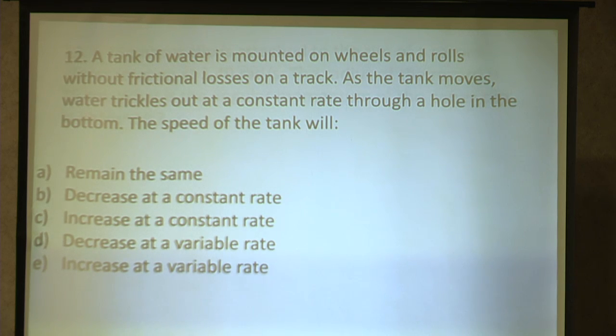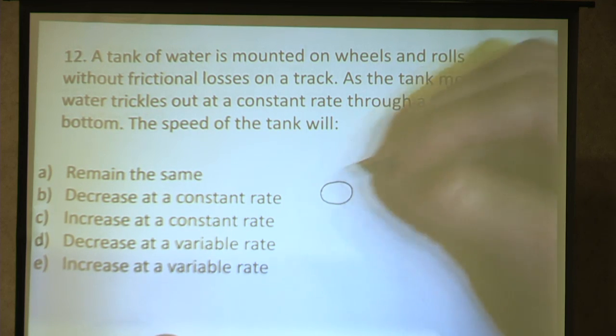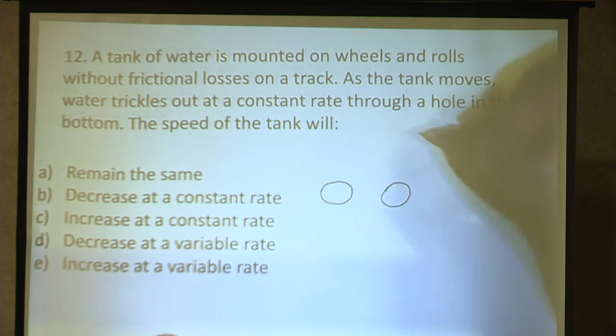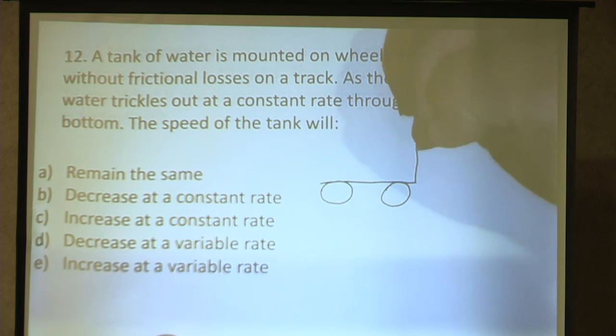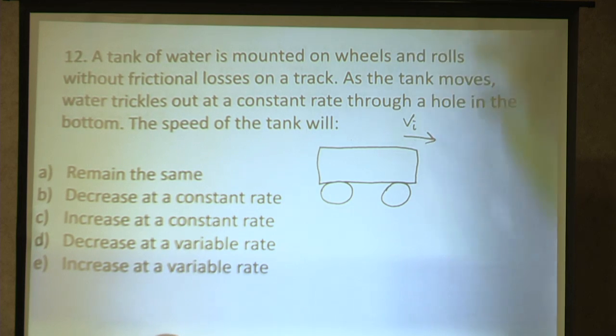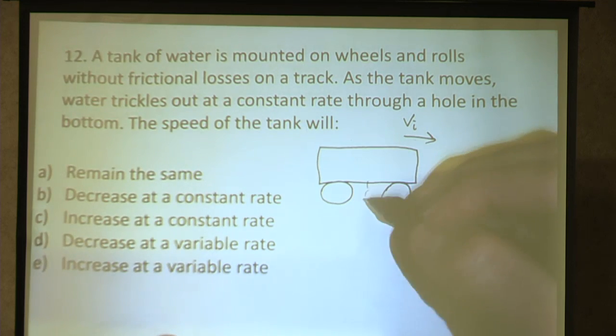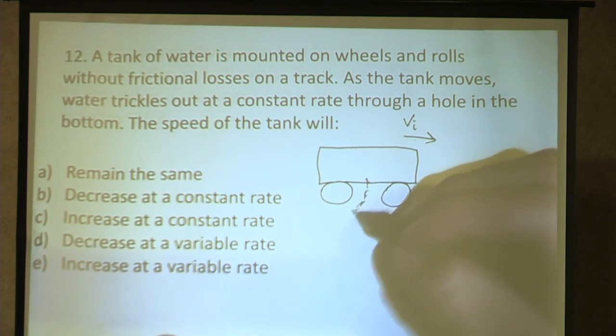So let's draw this out just to clear up what's going on. So we've got some type of truck like this. It's moving at an initial velocity. And then at some point, water is trickling out, like here or something.